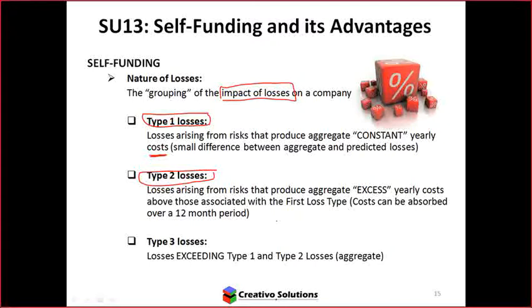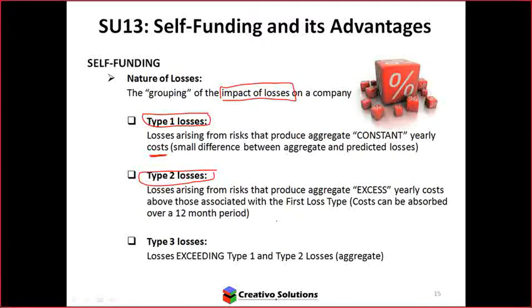Type 3 losses are losses exceeding type 1 and type 2, events that are more detrimental to the business because they have the most impact. Type 1 are things we expect to happen in terms of damages or loss. Type 2 can occur and are a bit more problematic.